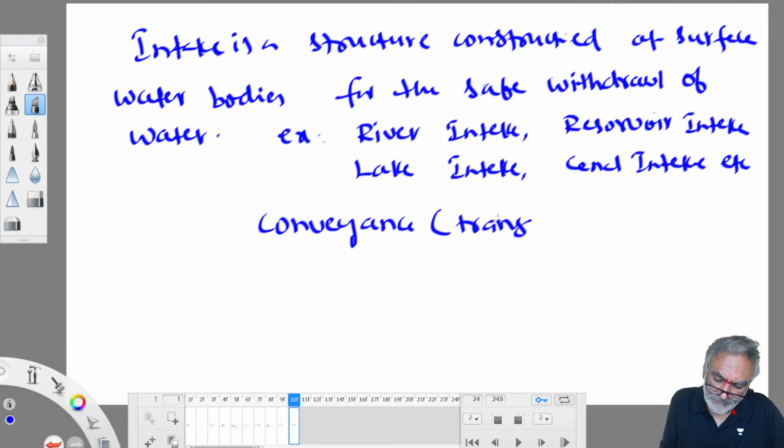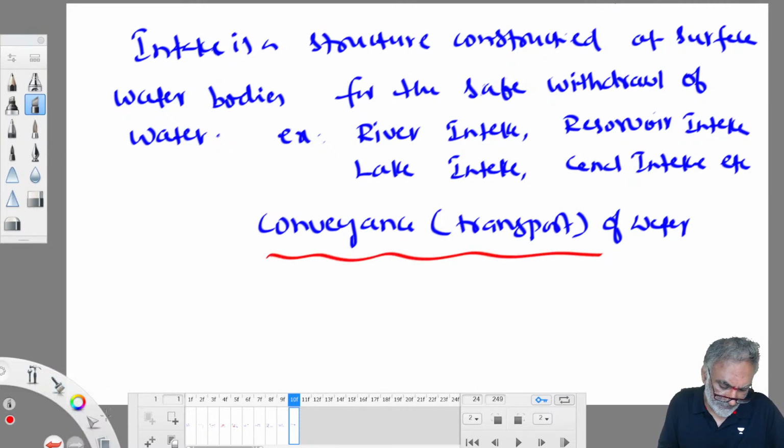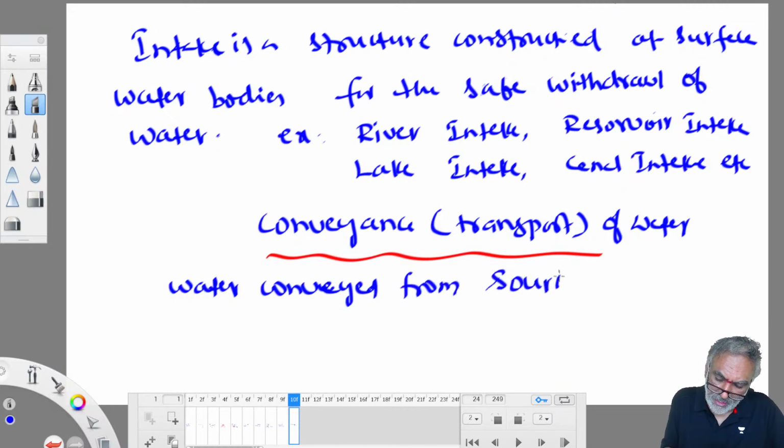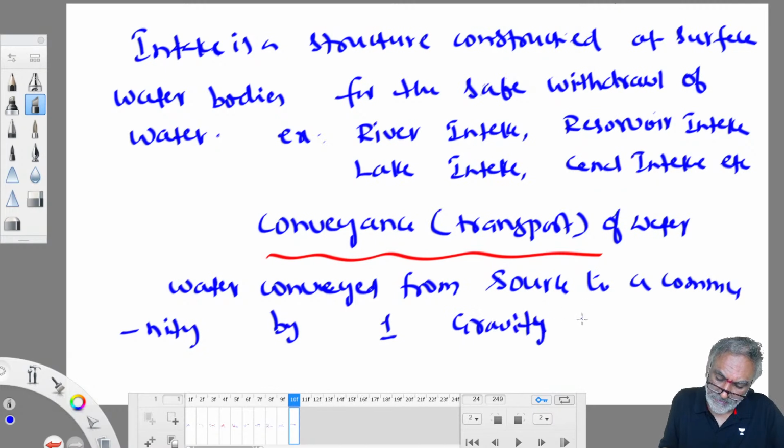Conveyance of water. Conveyance means transport. So water is conveyed by two methods. Water is conveyed from the source to a community by gravity conveyance, or by the pumping method.